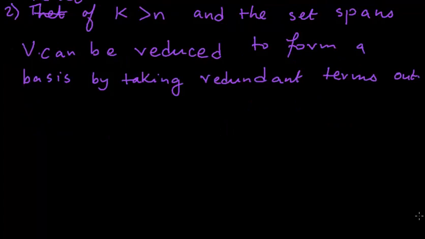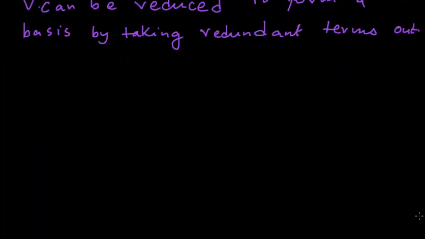Okay, so a linearly independent set of vectors can be completed to form a basis, or any spanning set can be reduced in order to form a basis. There is one important rule that you need to understand.